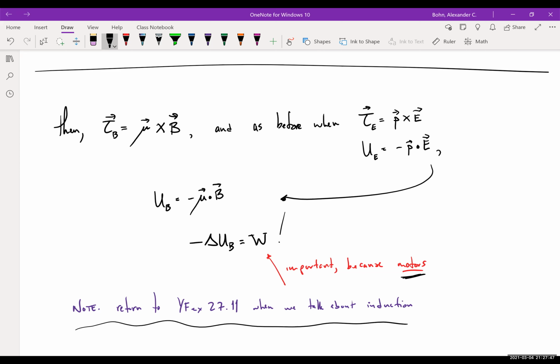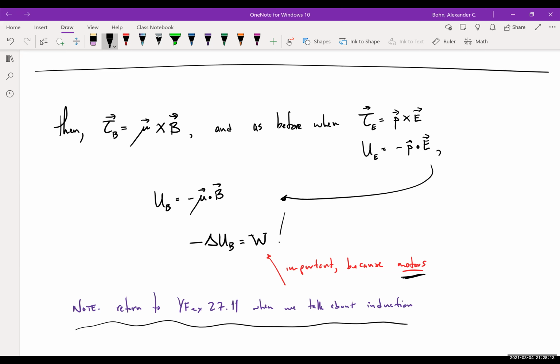DC motors is the payoff here. Why are we talking about force on current loops? Because we can do things. Because we can make these otherwise curious, navigation is really, really cool. Compasses are great.